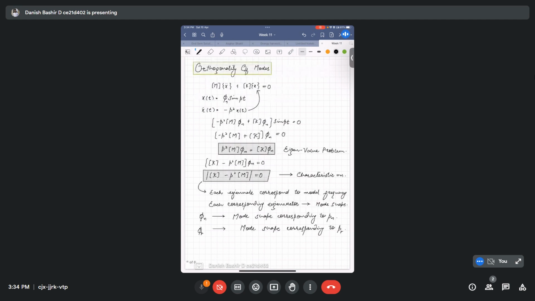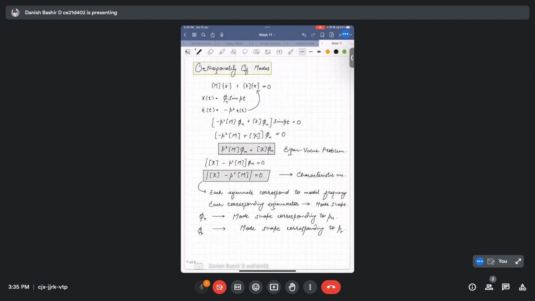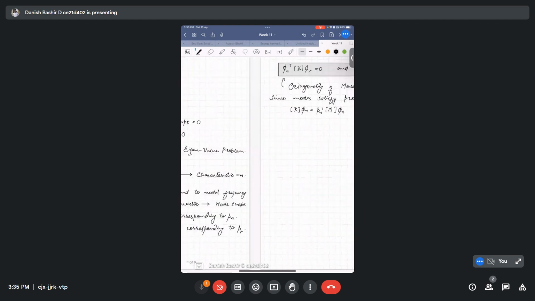They satisfy the property p square m phi n is equal to k phi n, that is, k phi n is equal to p n square m phi n. Let me term this as equation 8.